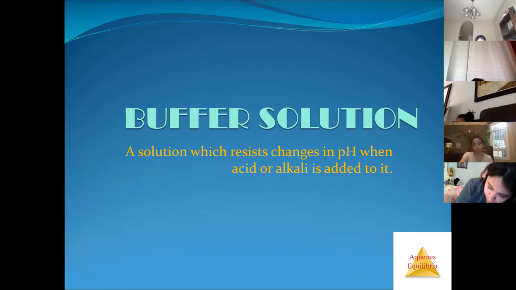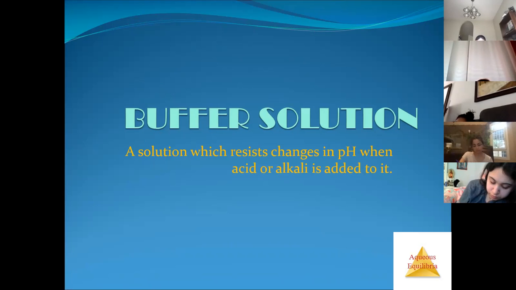For those of you going into the medical field, it's a very, very critical thing. If the pH in your blood changes by 0.01, you die.